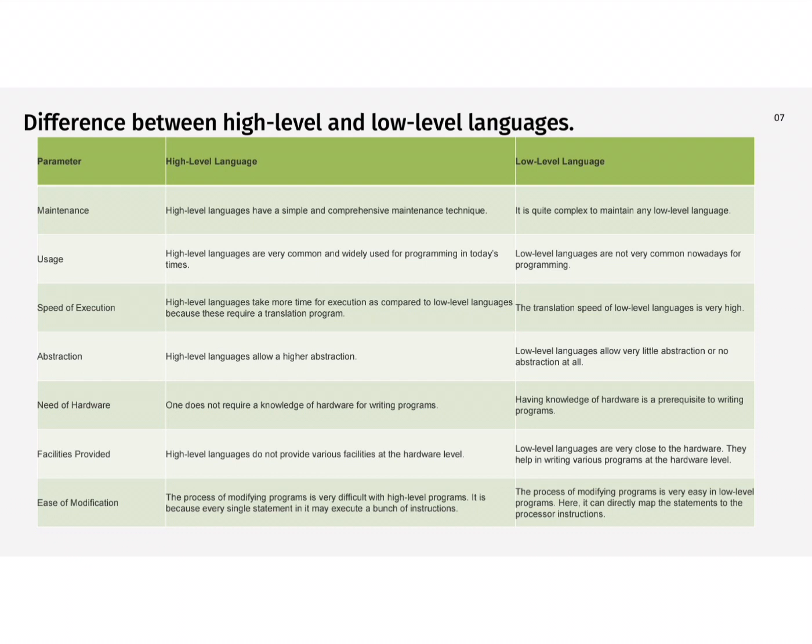This is because every single statement in it may be executed as a bunch of instructions, whereas the process of modifying programs is very easy in low-level languages. Here it directly maps these statements into processor instructions. Therefore, it is easy to spot the mistake and actually modify it.